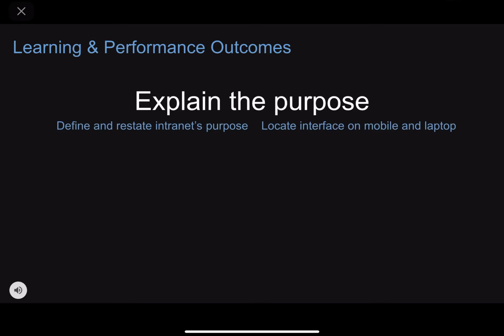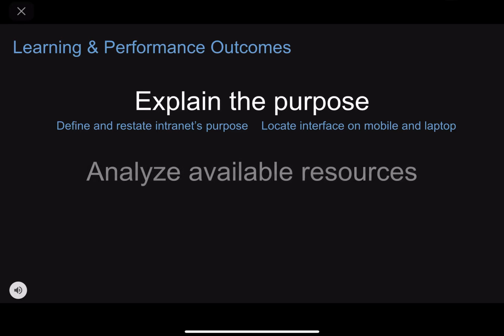The first performance outcome is to have learners define the Intranet and restate its purpose with 100% accuracy. Then, if given a laptop or mobile device, the learner will be able to locate the Intranet's interface with 100% accuracy.